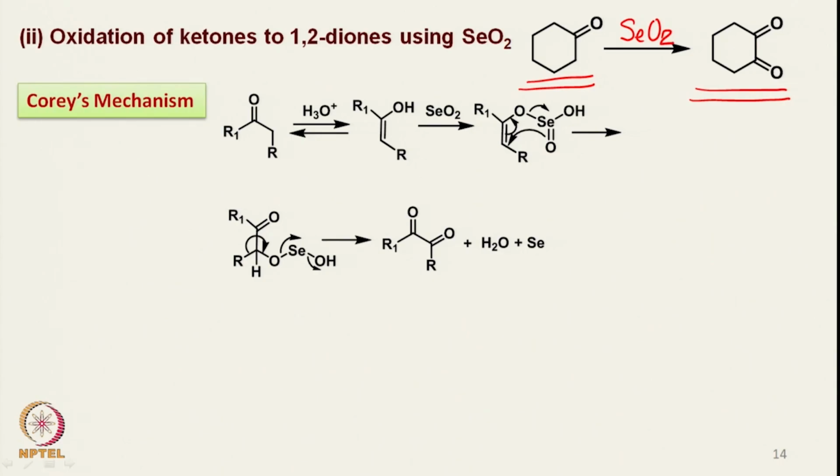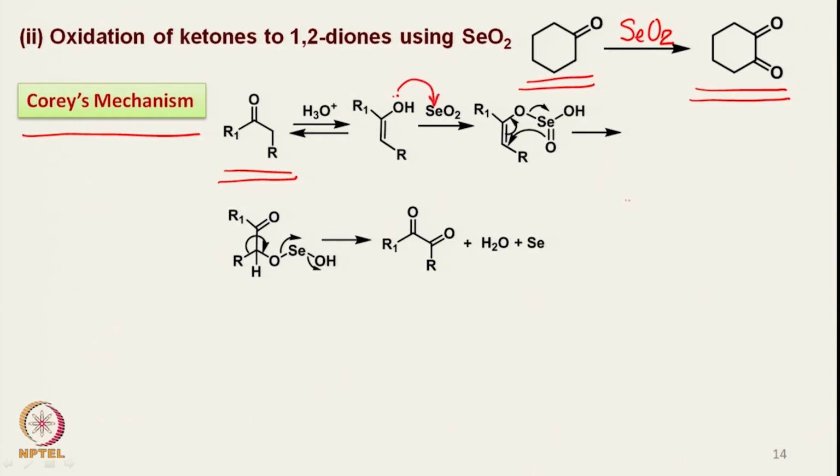One is, of course, that the ketone of this kind, I have taken an example of a very general kind instead of a cyclohexanone, under the conditions, it is done in water. Under these slightly acidic conditions, this will exist as a keto-enol tautomeric equilibrium. And according to Corey's mechanism, E.J. Corey at Harvard University has proposed that the oxygen directly attaches to the selenium.